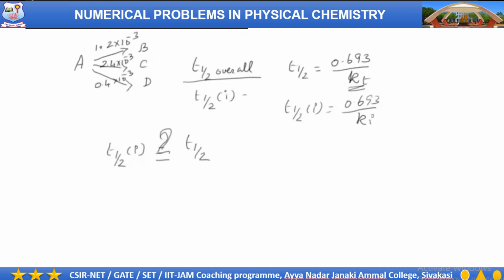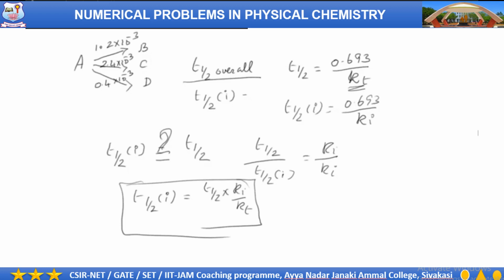Immediately divide one by another, you will get the relationship. That is, T half overall by T half for the ith mode would be equal to Ki by Kt. Okay? Or T half of i is equal to T half into Ki by Kt. This is the relationship.